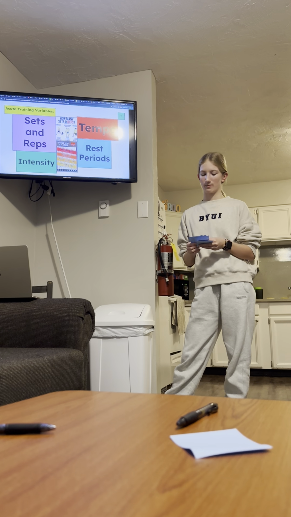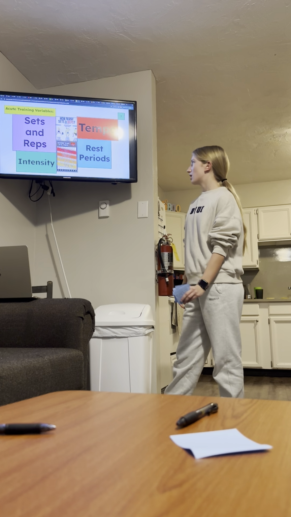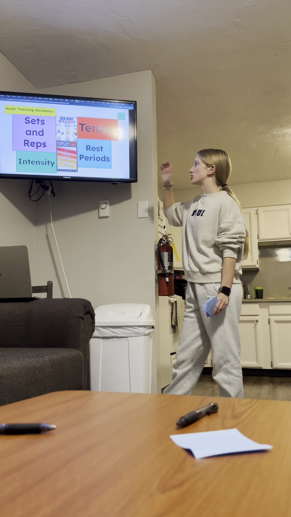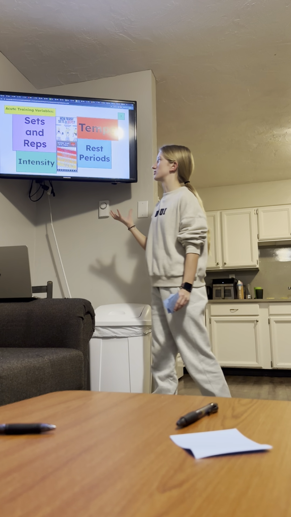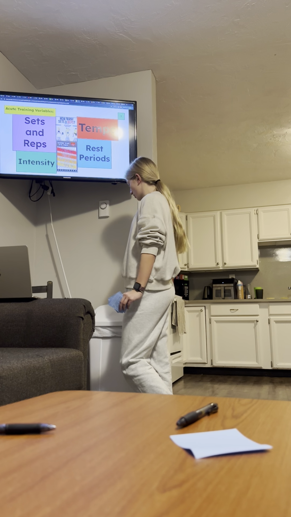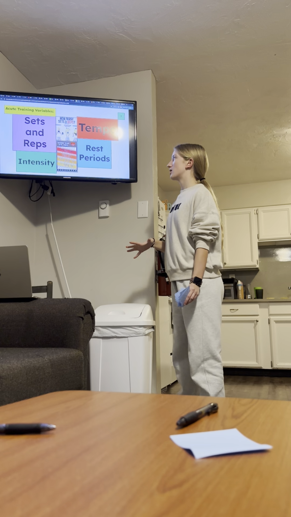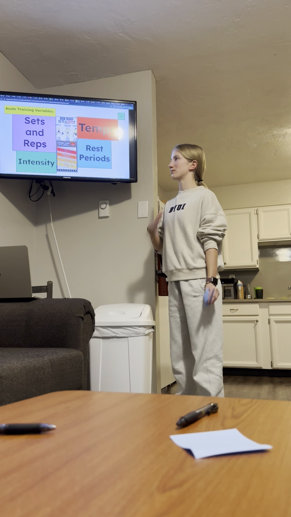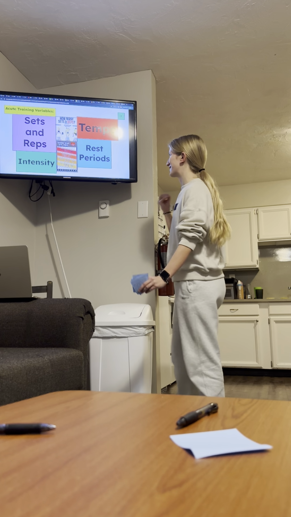And I like this graph because it shows how different intensities relate to what you're doing. Like the anaerobic zone, you're using 80 to 90% of your max, and you're using your non-oxygen muscle process, I forget what it's called.